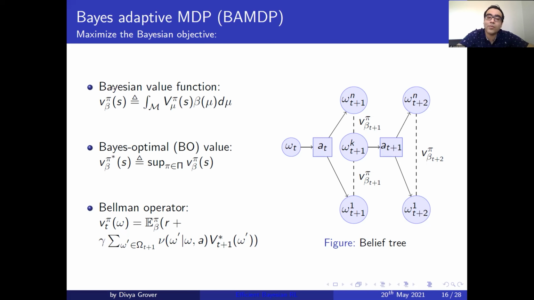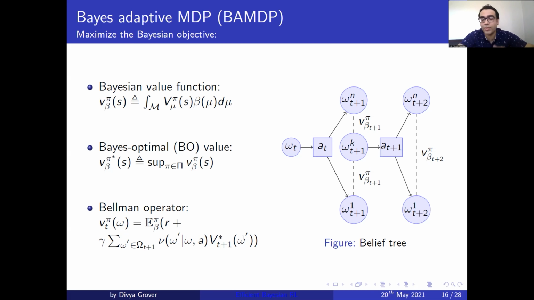And this is for a fixed policy, but then your objective is to maximize over all possible policies. So this is what we call the Bayes optimal value function, maximizing this Bayesian value function over all possible policies, where the value functions are averaged over the beliefs. And we have a similar Bellman operator for this objective function.